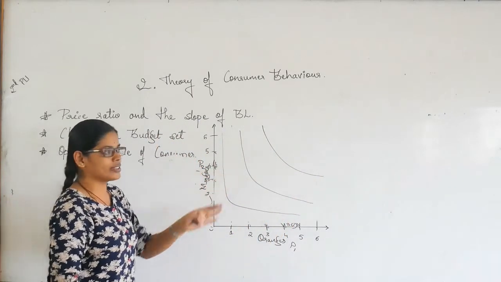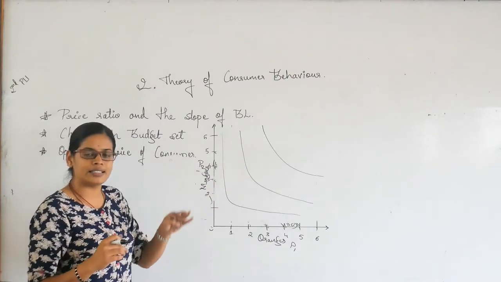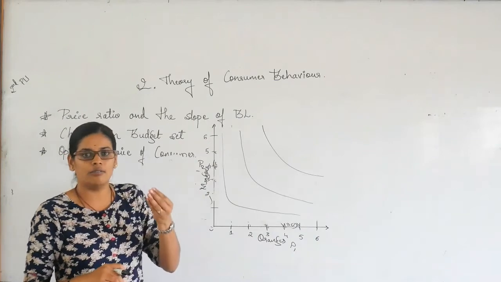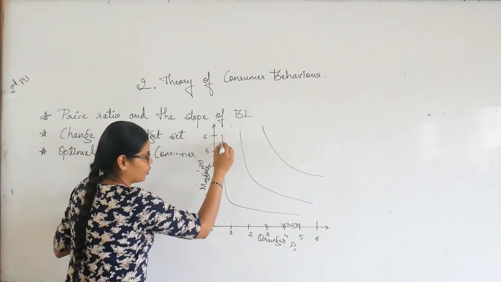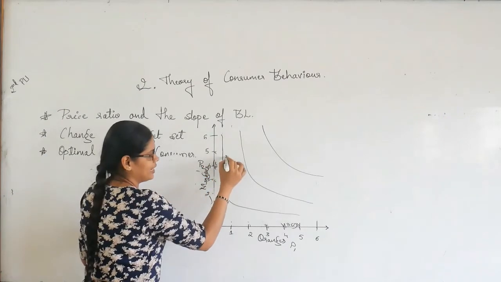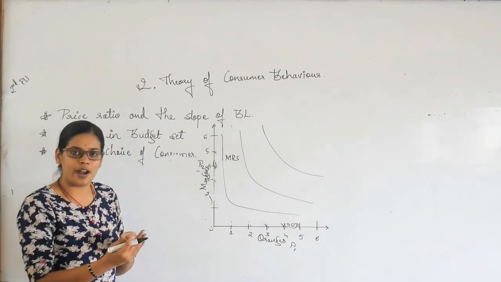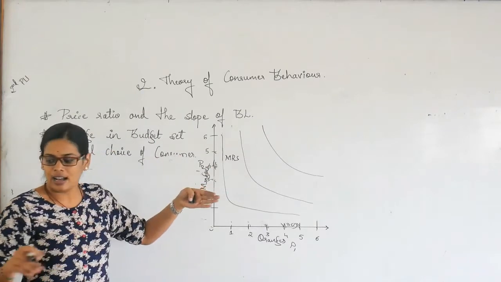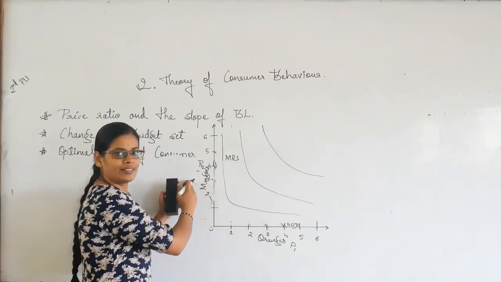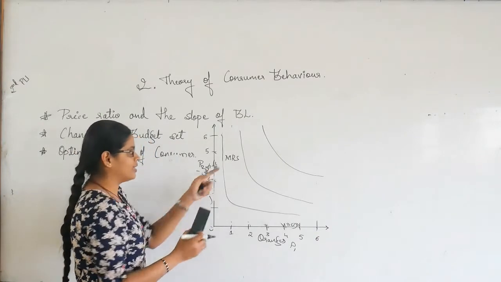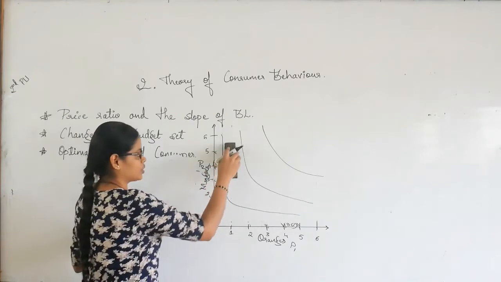The indifference curve shows us the composition of the different kinds of bundles that the consumer is able to consume. So as he comes down, we see here the marginal rate of substitution, right? To get another product, we are sacrificing the other product. To get oranges, what are we doing? We are sacrificing the mangoes.